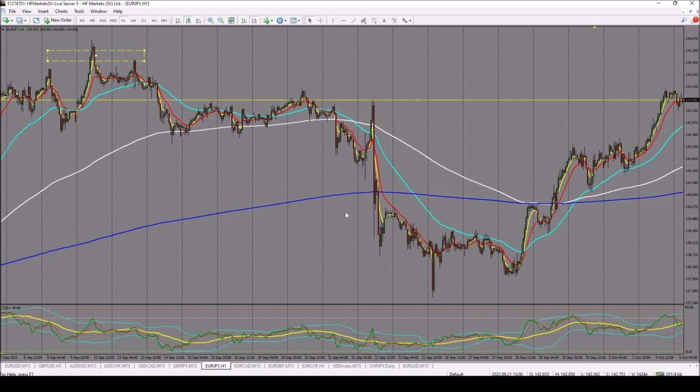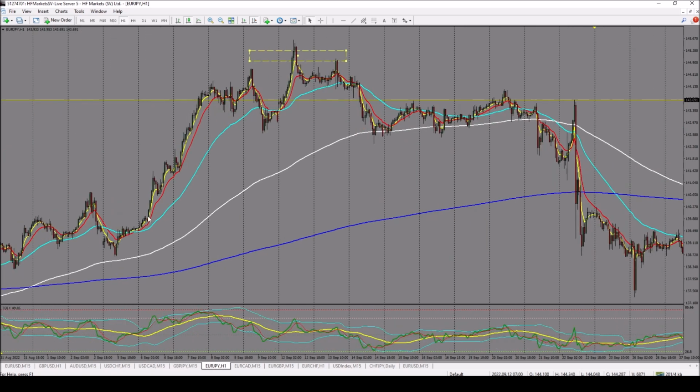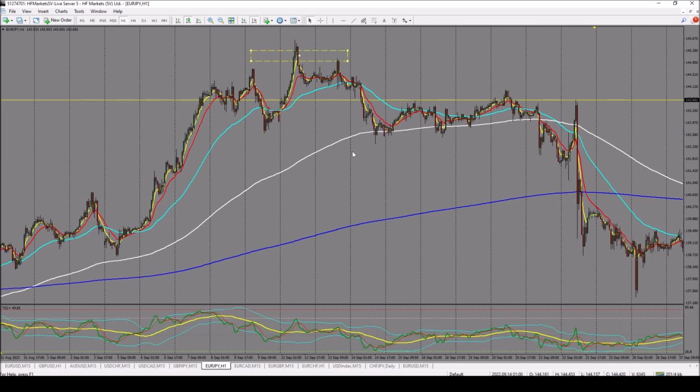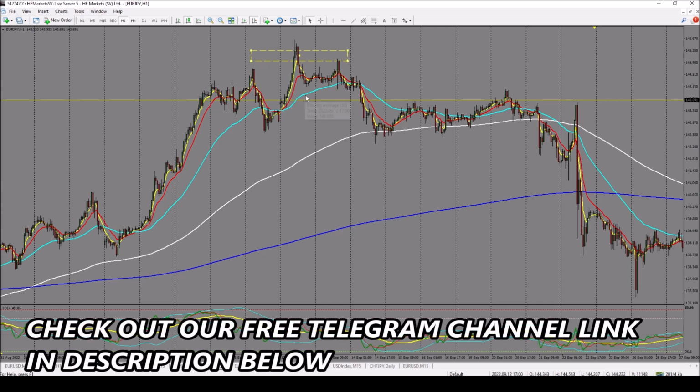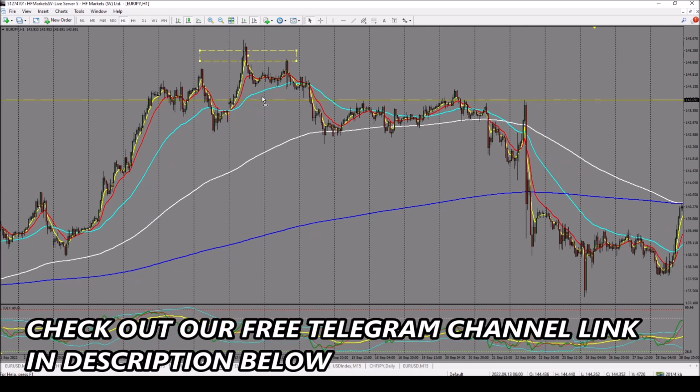So in this case, we see that the market made a turn at this point. And how are we going to know that this is a high probability turn and we now have a new trend forming?